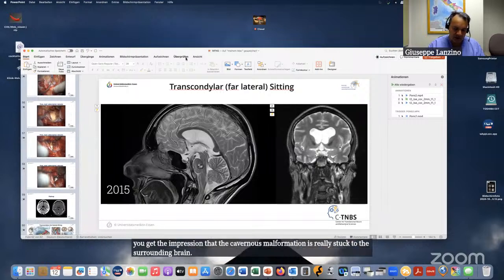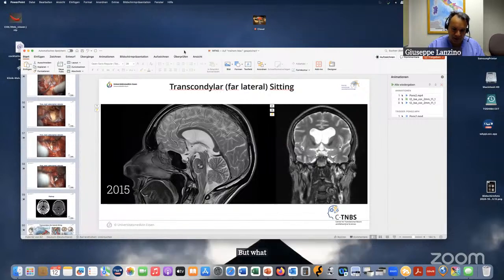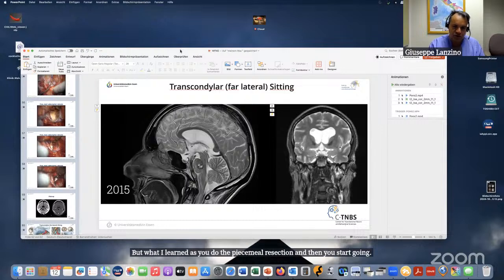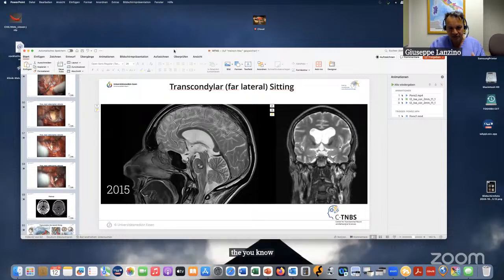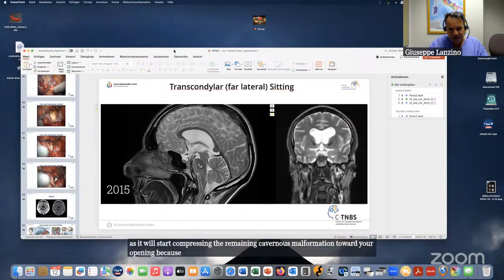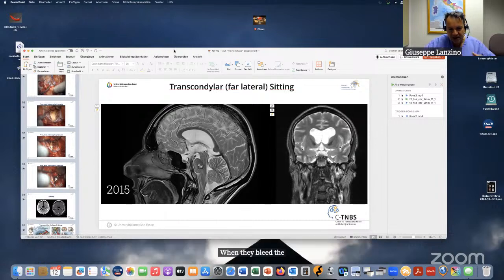But what I learned is, as you do the piecemeal resection and start pulling the cavernous malformation, if you are patient, the brainstem itself will start compressing the remaining cavernous malformation toward your opening, because when they bleed, cavernous malformations distend rather than destroy the surrounding brain.